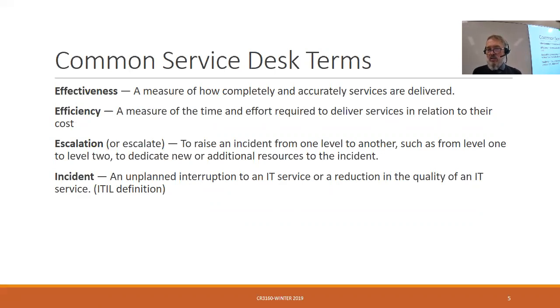Level 1 is the service desk agent, and the idea is that they are so well trained and so good in their IT as well as dealing with people that they can handle most of the issues that come to them and solve them themselves. But there are some that they can't, in which case that gets escalated to what we call level 2.